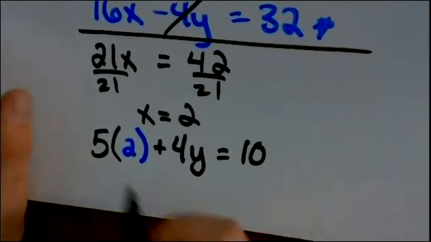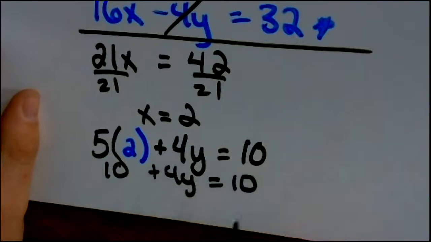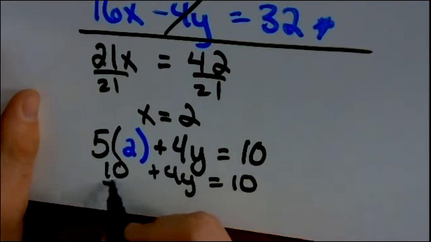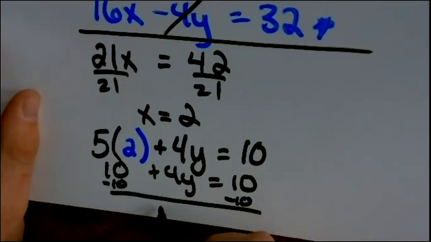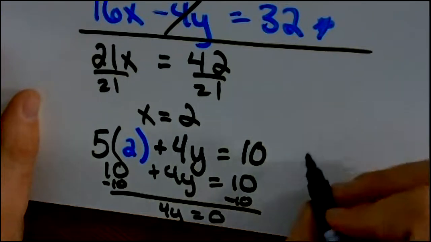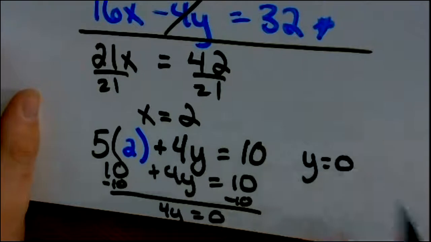So if I do that, I get 10 plus 4y equals 10. Subtract the 10 over, so I get 4y equals 0. Divide by 4, anything divided, or 0 divided by anything is, of course, 0.